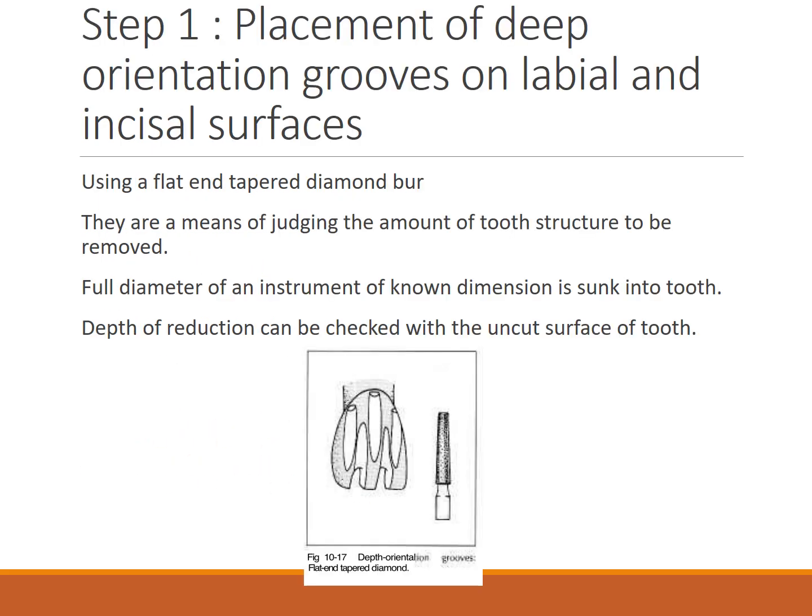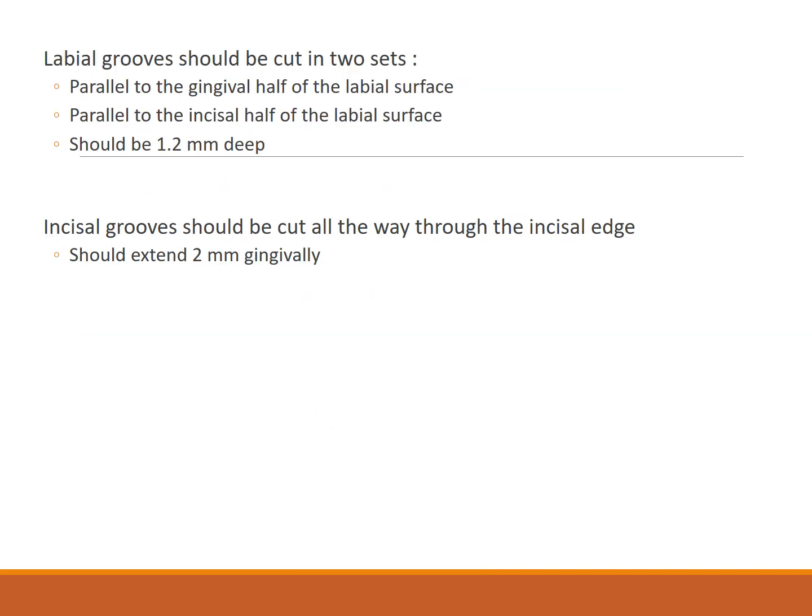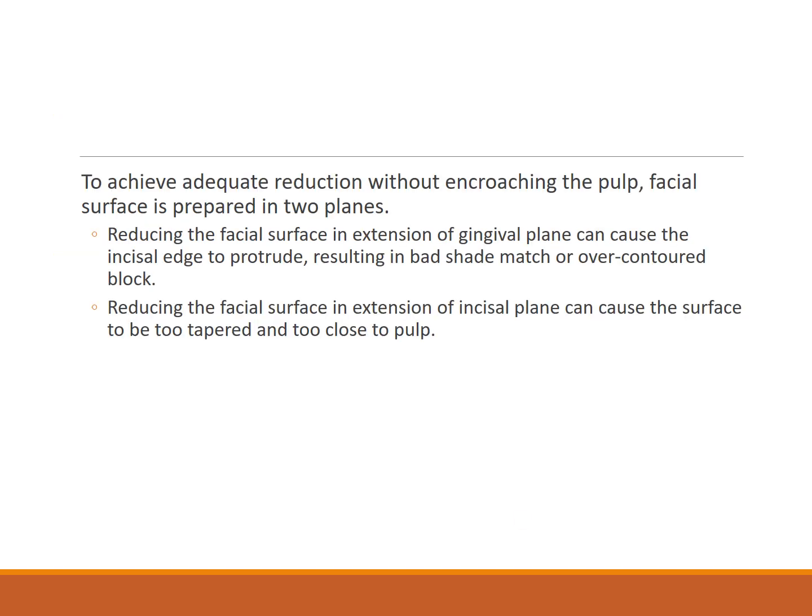Guys, okay? So the incisal grooves, the gingival and the labial grooves have to be done in two planes. That's why there are two different planes, the gingival half and the incisal half. To achieve adequate reduction without encroaching on the pulp, the facial surface is prepared into two planes.